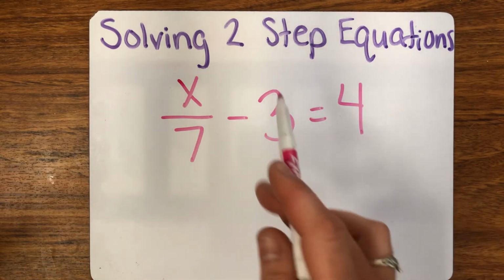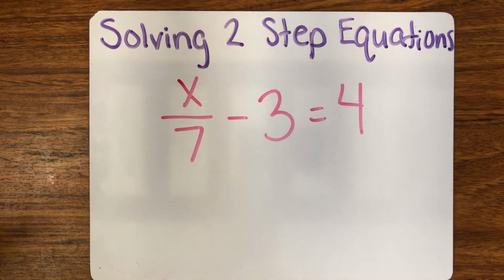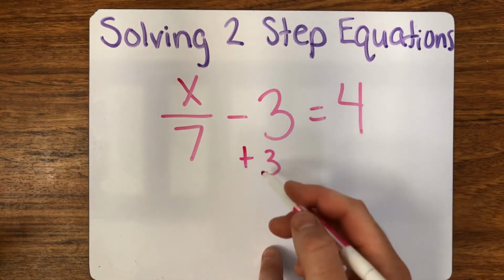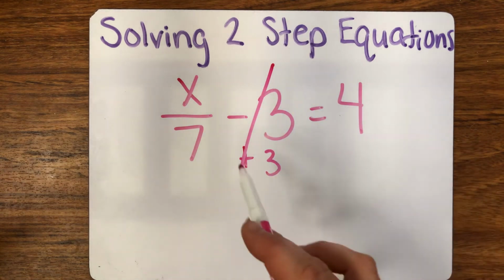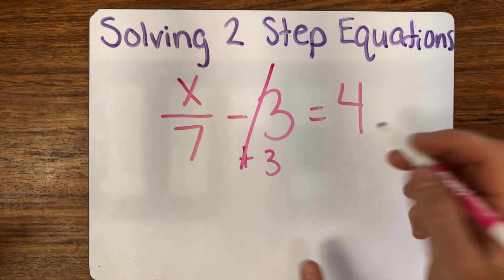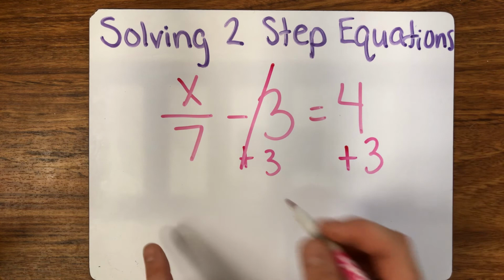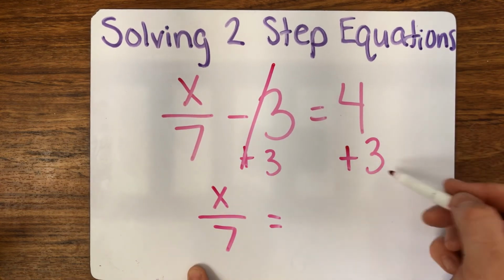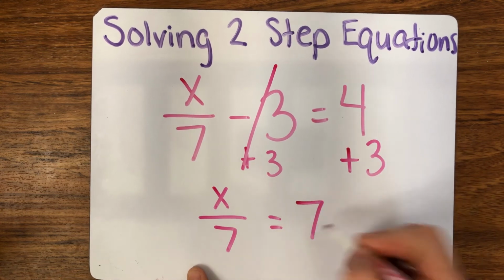So if it's being subtracted by 3, how do we get rid of it? We do the opposite. So the opposite is adding 3. Negative 3 plus 3, they cancel out. What you do to one side, do to the other. Plus 3 over here. So x over 7 equals 4 plus 3, which is 7.